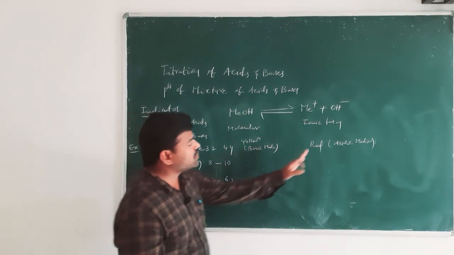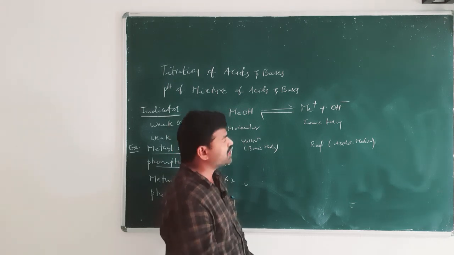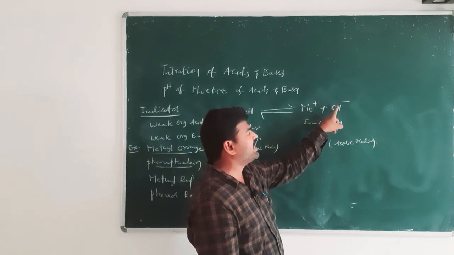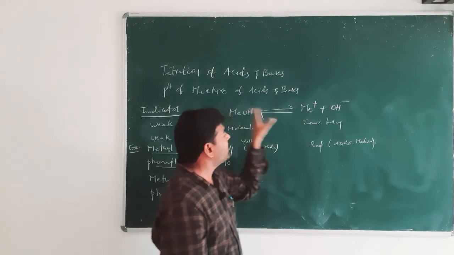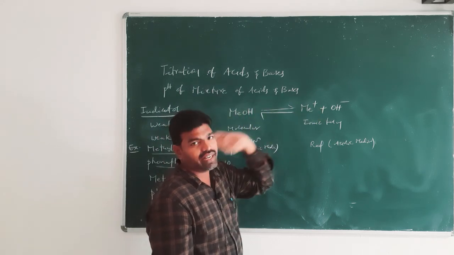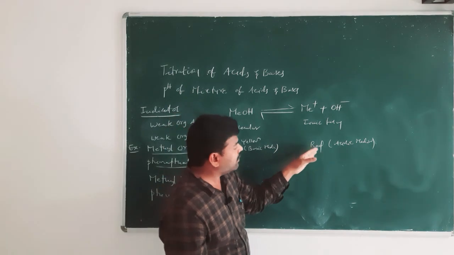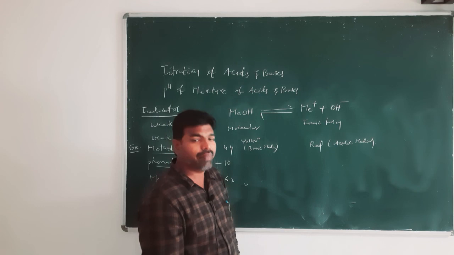In the strong acidic medium, that is we are providing H plus ions, those H plus ions combine with OH minus ions, and the number of OH minus ions decreases, and the equilibrium shifts to the right side, and the indicator will have the red color in the acidic medium.